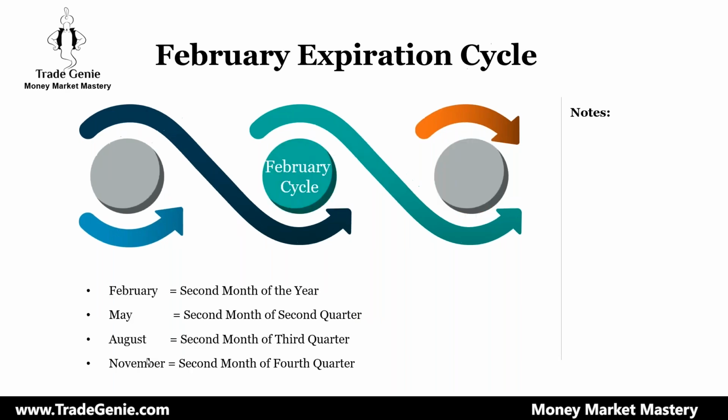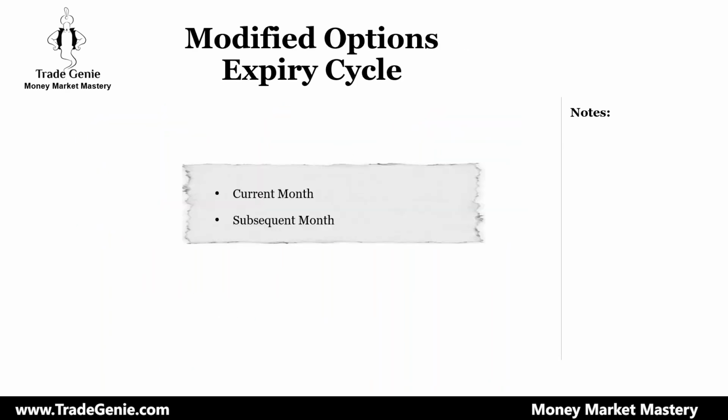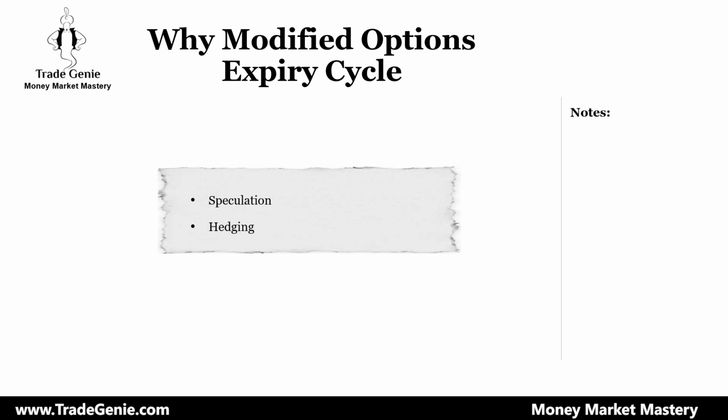If it's the February cycle, we would see February, May, August, and November. So there's a big gap. In order to eliminate this big gap, they implemented the modified option expiry cycle. They said all options will have a current month and subsequent month. And the reason for it is speculation and hedging.